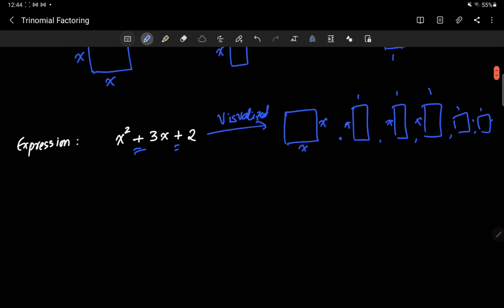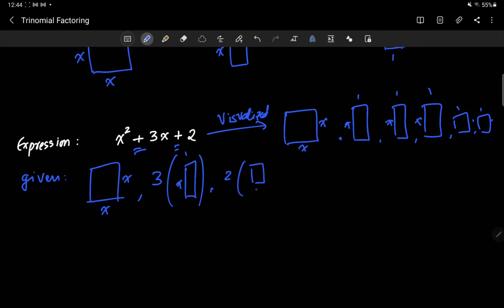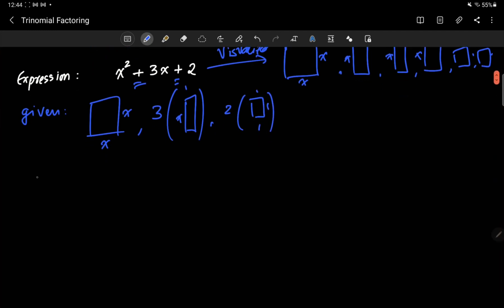This plus, we are going to think of as: we are given one of these, and then we are given 3 of these and 2 of these. And I'm going to think of them as, let's see if they can be rearranged.